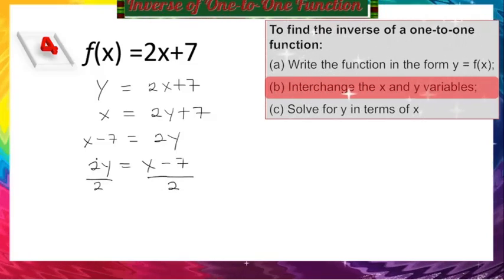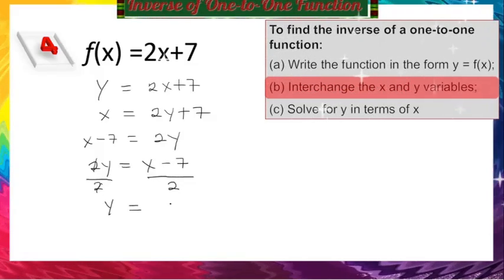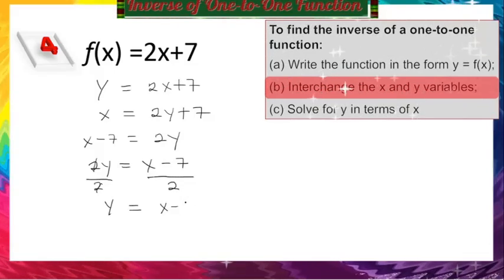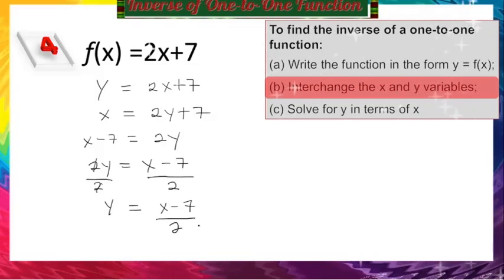Okay, this will be cancelled out. The remaining is y. So y is equal to x minus 7 over 2.